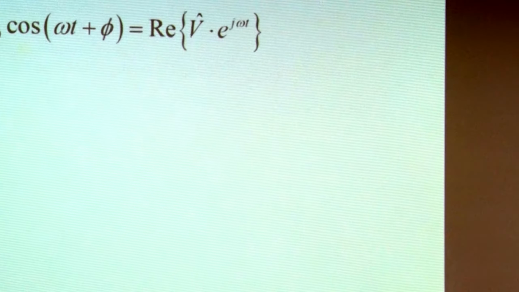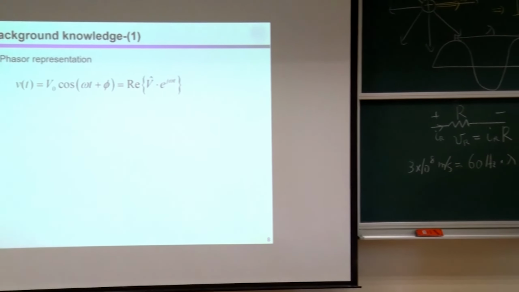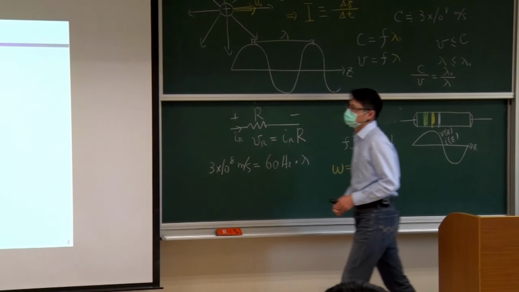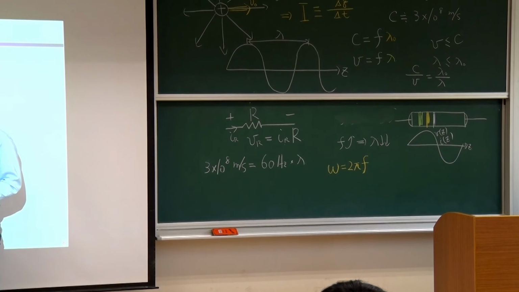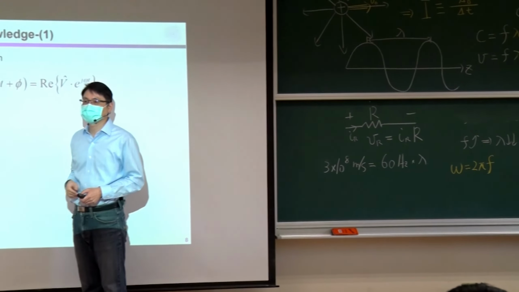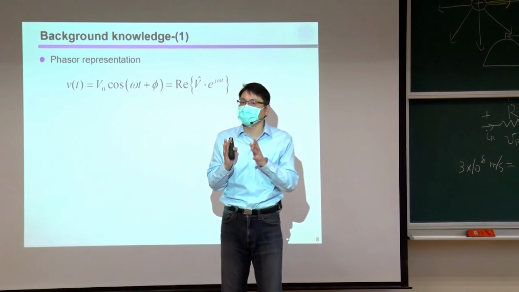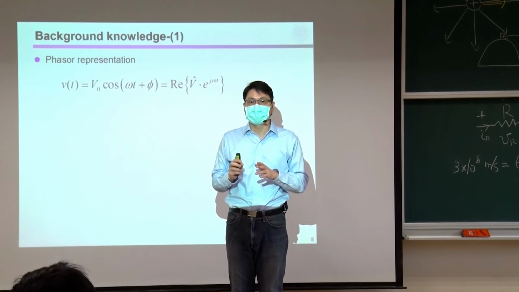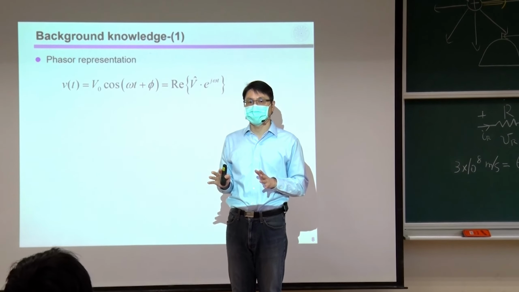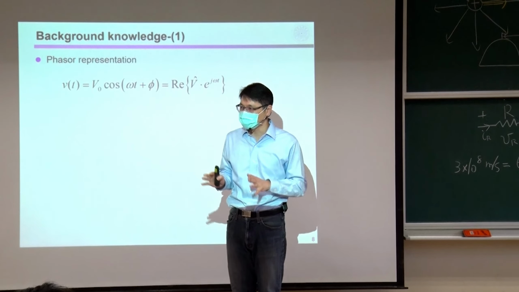So omega equals 2 pi times f. So what does this phi stand for? If you don't understand the meaning of phi, there's no way you can ever understand phasor.